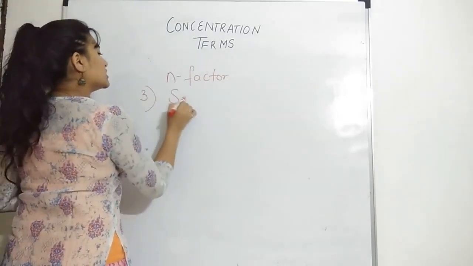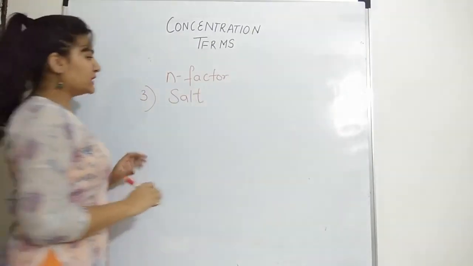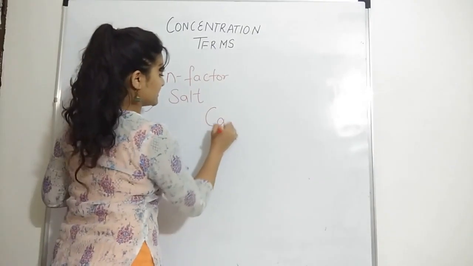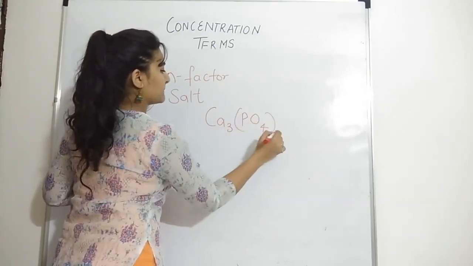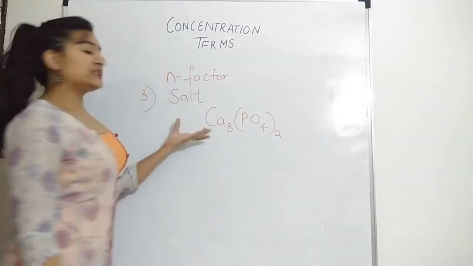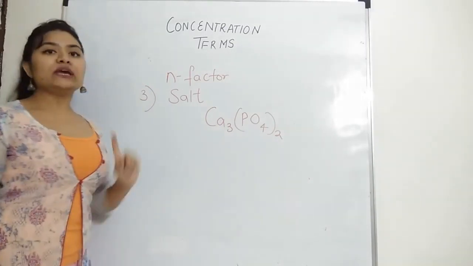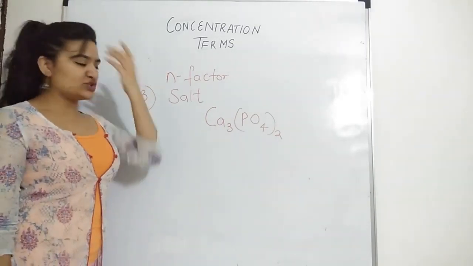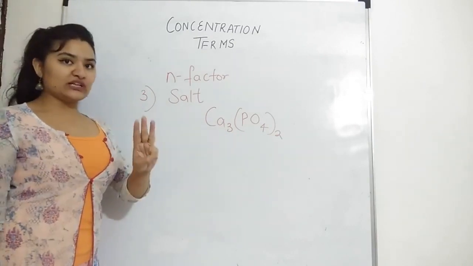Third is salt. Salt में, for example, I have calcium phosphate. Now if I take the cation, on the cation Ca, on each cation, there will be 2 plus charge. And there are how many total calcium ions? 3 calcium ions.